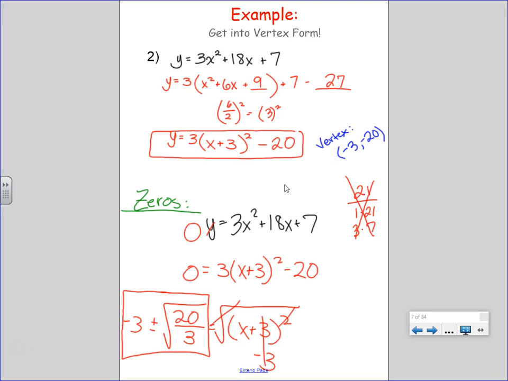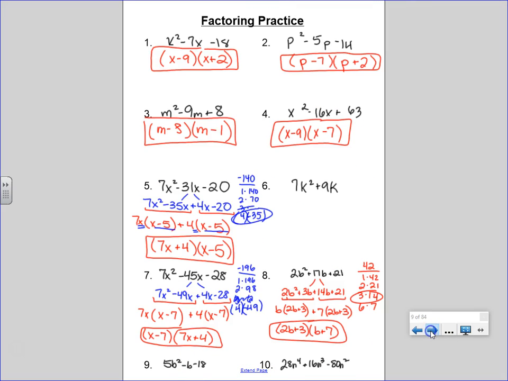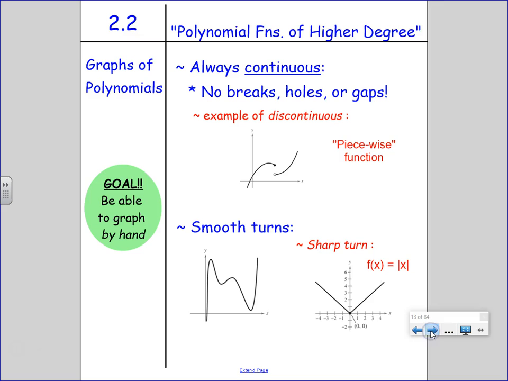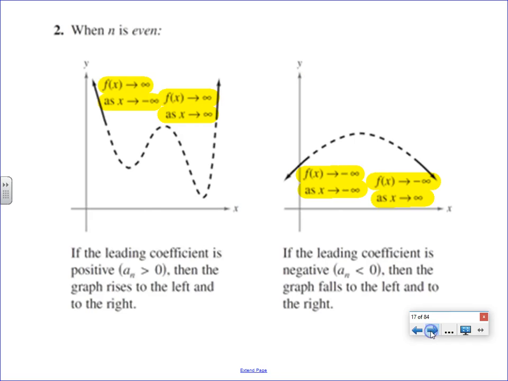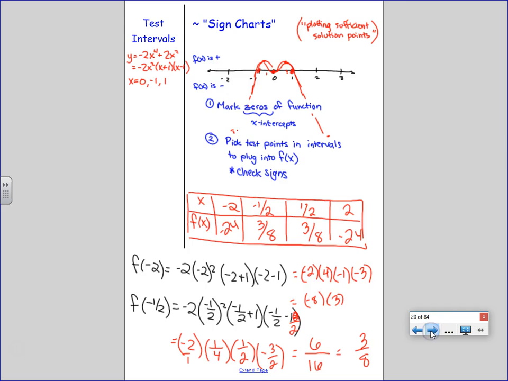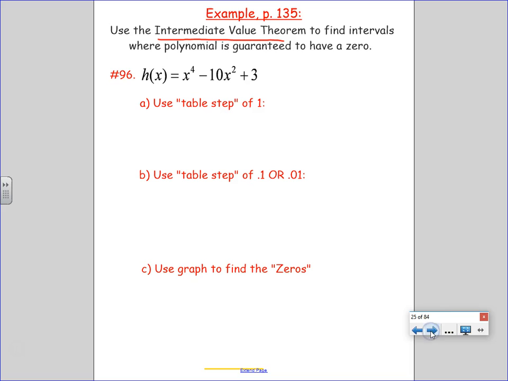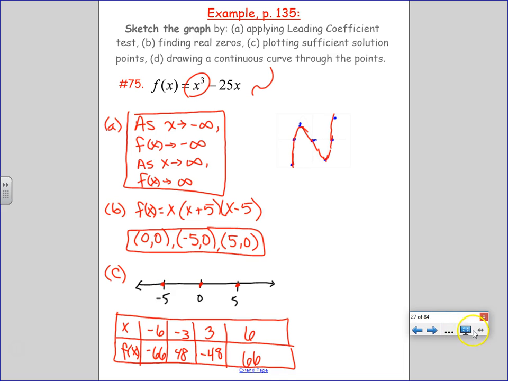So 2.1: factoring, completing the square, finding zeros, finding the vertex of a parabola. 2.2: leading coefficient test, what the ends are doing depending on the degree, and then factoring, finding the zeros, and multiplicity, pretty much. 2.3: what was 2.3? I totally forgot. Oh, synthetic division, long division. Perfect. And then 2.4, imaginary numbers.